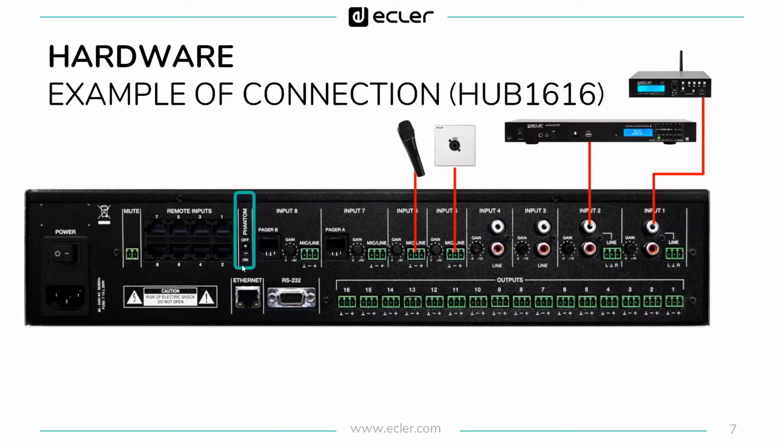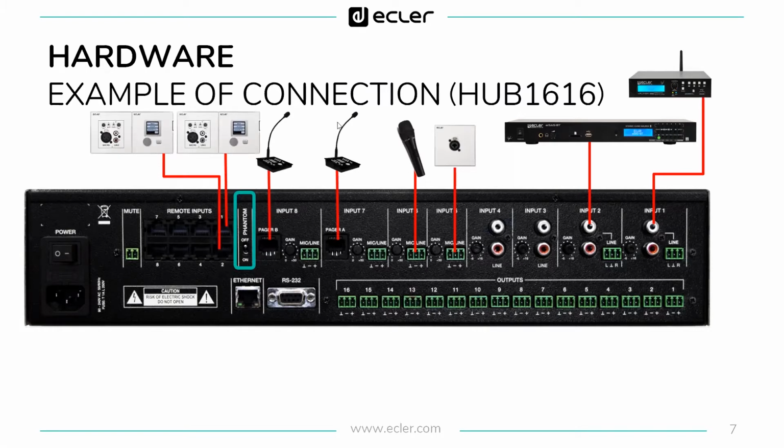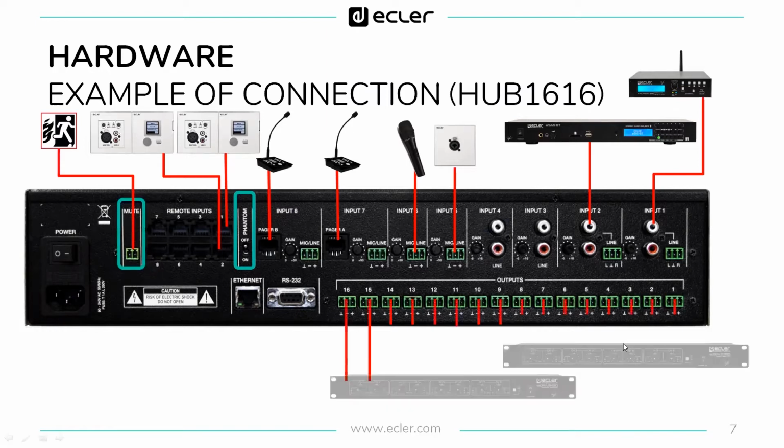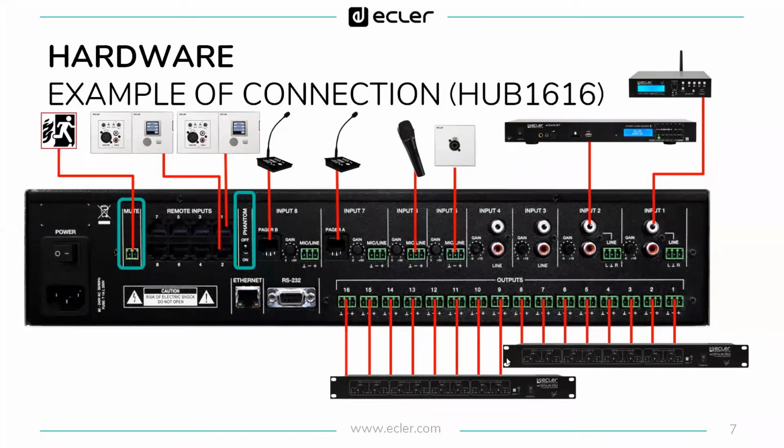For example, we have a phantom switch here in the back of the hub, a couple of paging stations, then control plus additional inputs in the remote ports. We have this mute port where we can mute all the outputs that we want. We can choose how many of them we want to mute. Then all 16 outputs can go to a couple of eGPAs 8x150.